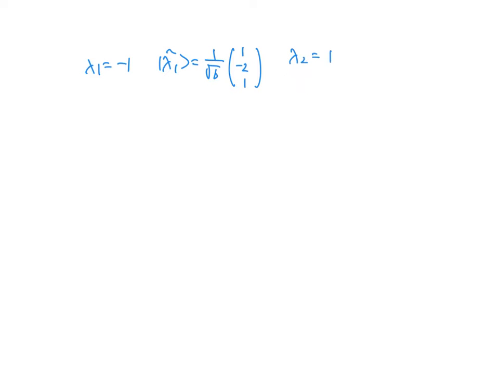Lambda 2 is 1, and the normalized eigenvector is 1 over square root of 2 times (1, 0, minus 1). Lambda 3 is 2, and the normalized eigenvector is 1 over square root of 3 times (1, 1, 1).